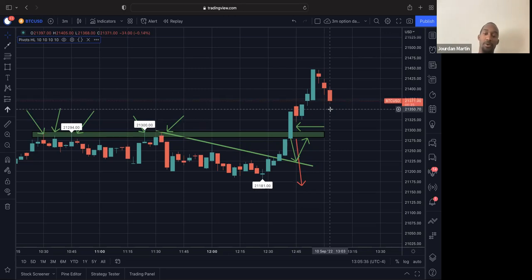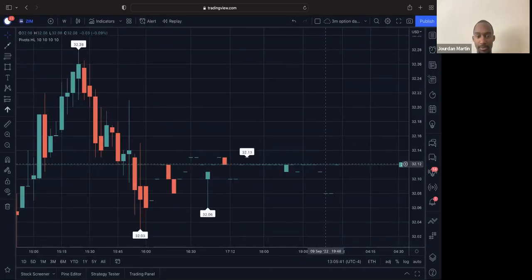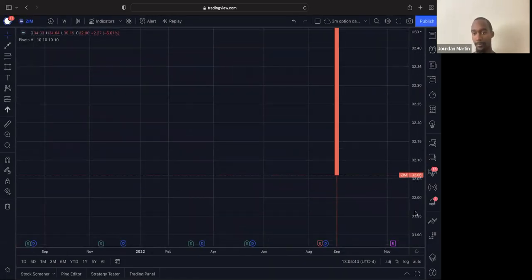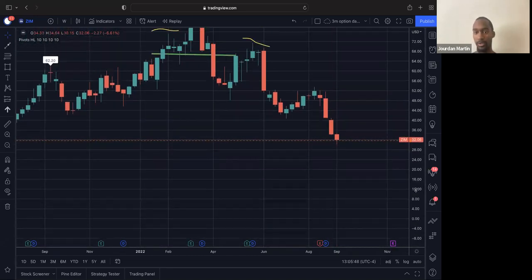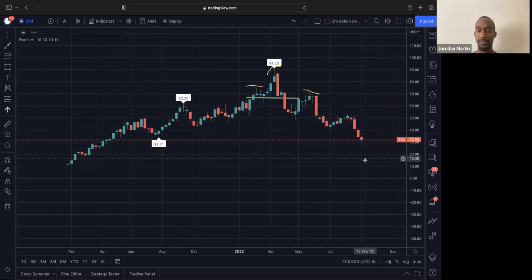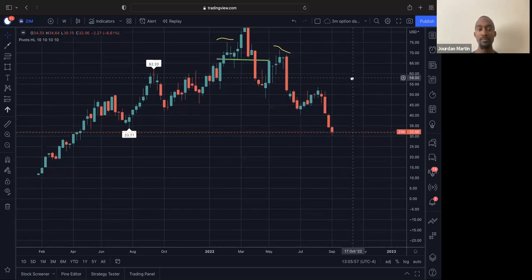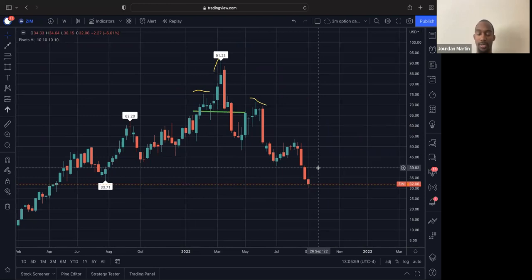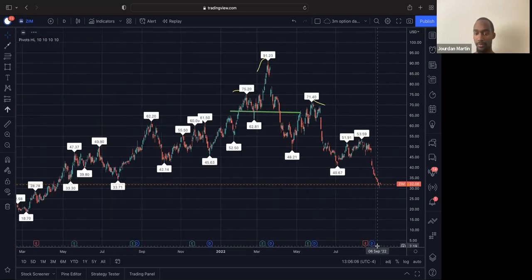Usually if I'm swinging something over the weekend, and I have like ZIM, for example, I'm currently in ZIM puts for like 40 something days, 46 days or so, right? So I'll look at the weekly as well, and I'll look at the daily. All right, cool.